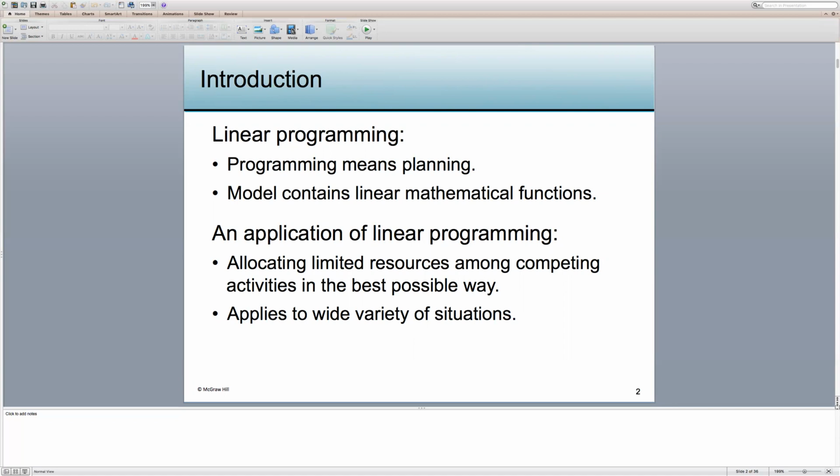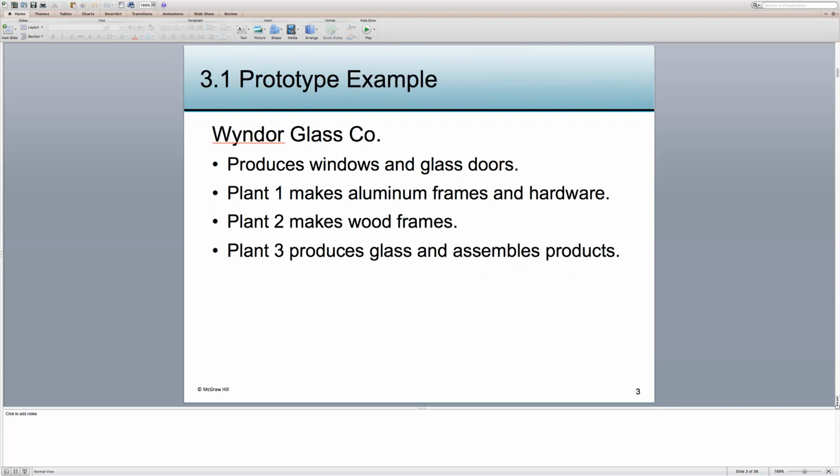And we're going to look at a model example of a company which is called the Windoor Glass Company. The glass company produces windows and glass doors. It has 3 plants, 3 manufacturing facilities. Plant 1 makes aluminum frames and hardware.